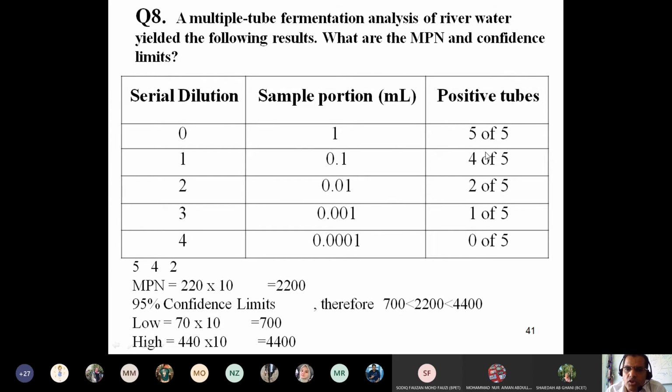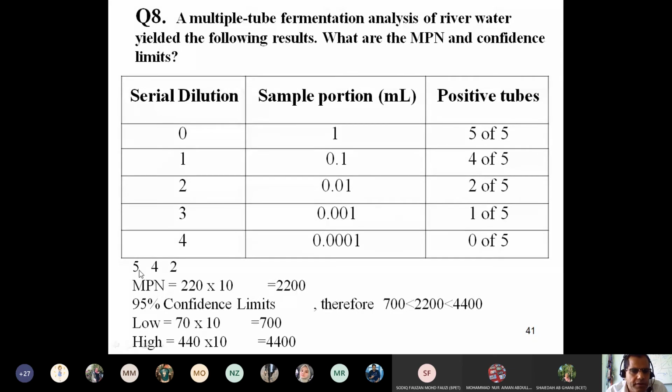Here 1, 2, 4. So I will take from this because here there is more probability to be contaminated, meaning the number of bacteria, because this is high concentration. So I will take 5, 4, 2. If 5, 4, 3 it will be more accurate results. If 1, 2, 3, I will take 1, 2, 3. But here 1, 2, 4, I cannot take. So I take 5, 4, 2.